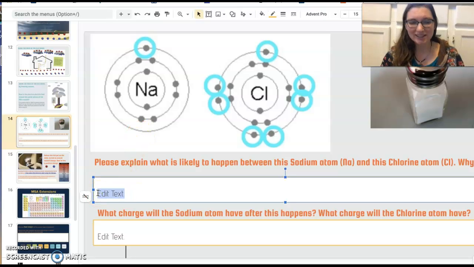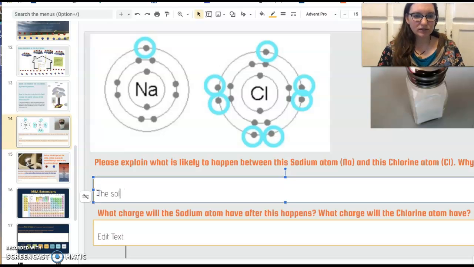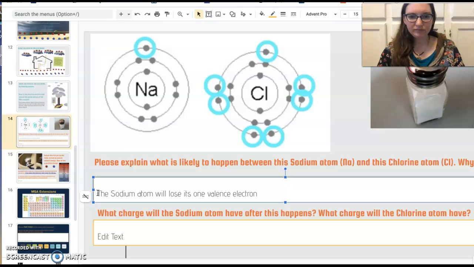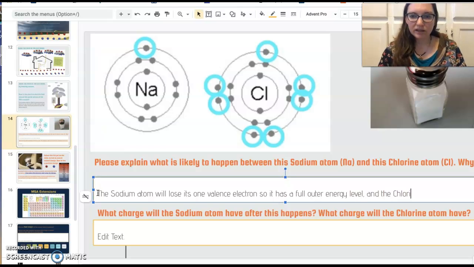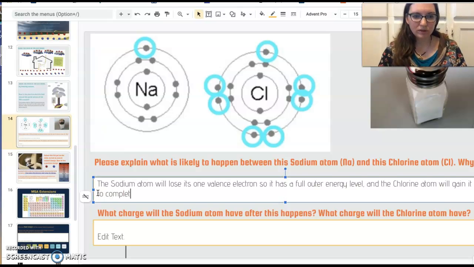But really it's the electric force that's causing it. The sodium atom will lose its one valence electron, so it has a full outer energy level, and the chlorine atom will gain it to complete its outer energy level.